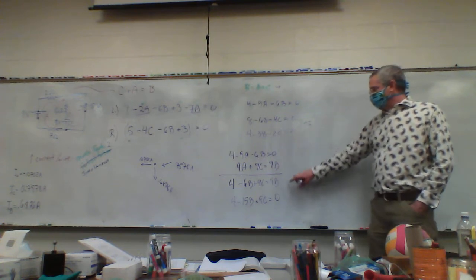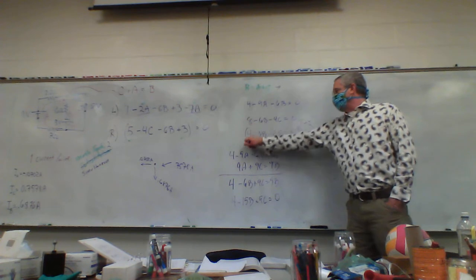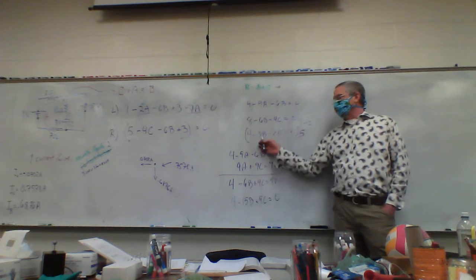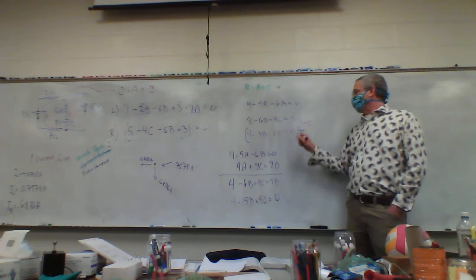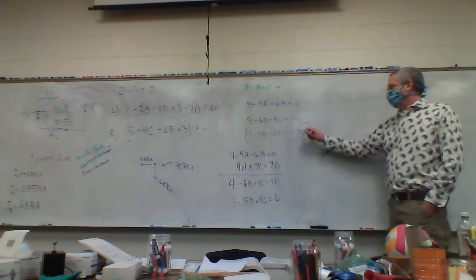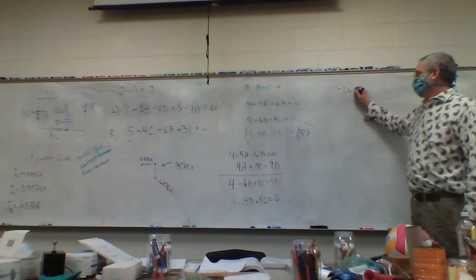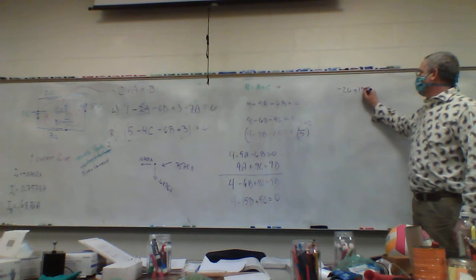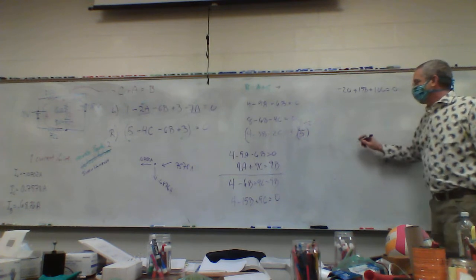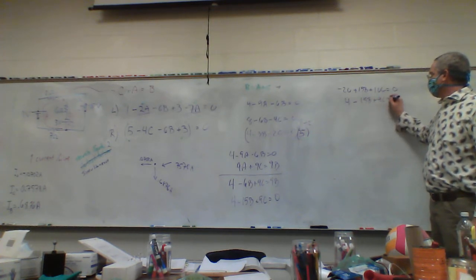I now have this equation and this equation. So what I'm going to do is multiply this equation by 5, because I have negative 15B here. So actually, I multiply by negative 5, so then I'll get positive 15B there. And so I have negative 20 plus 15B plus 10C equals 0, and 4 minus 15B plus 9C equals 0.